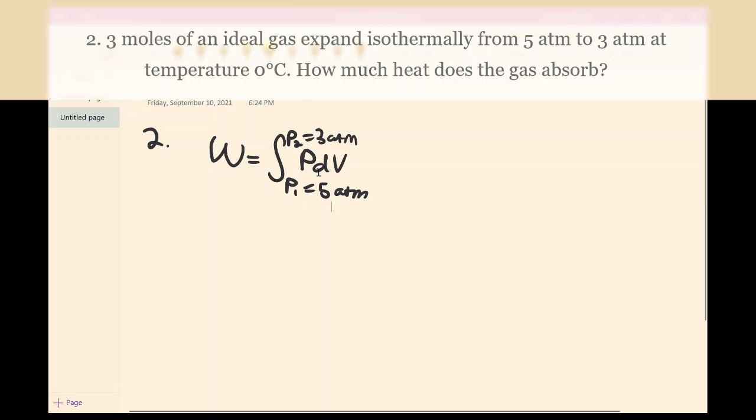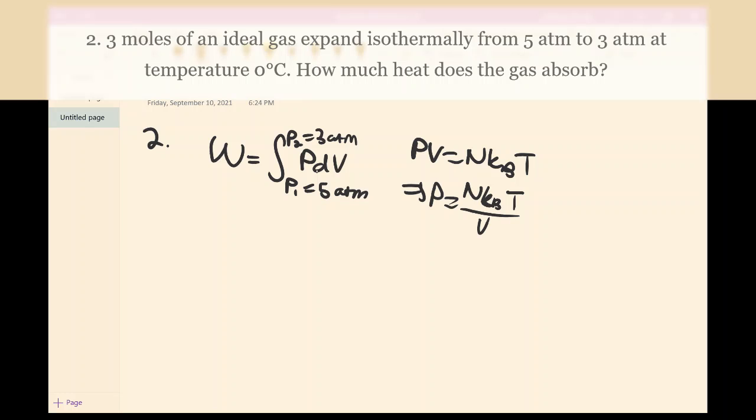And since we know from the ideal gas law that PV is equal to nkBT, then P is just equal to nkBT over V. So this integral would be the integral of nkBT over V times dV.